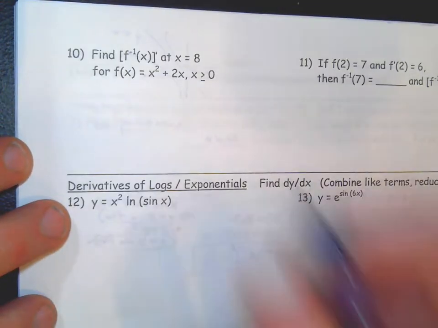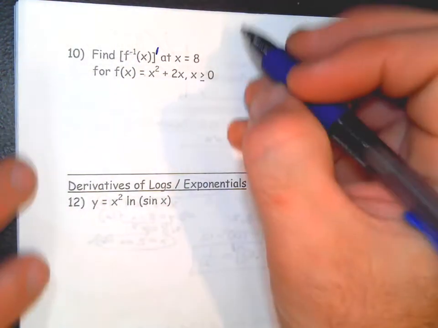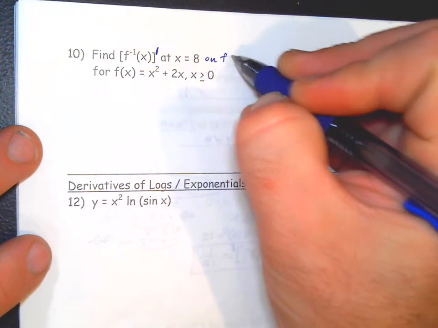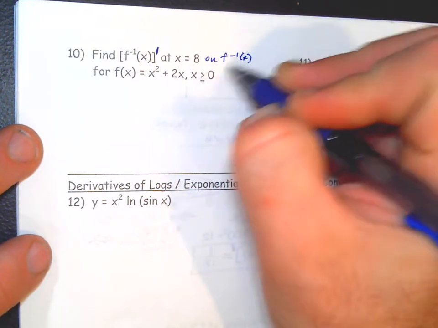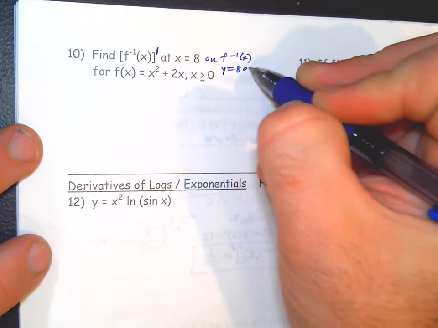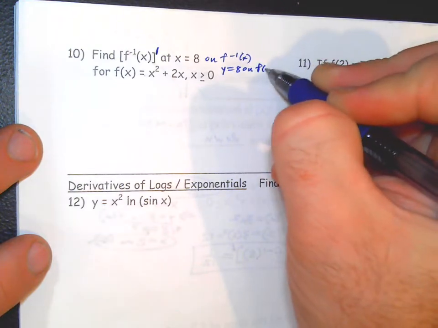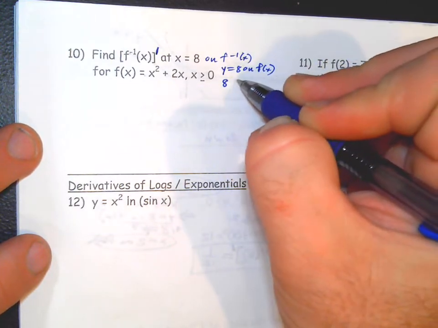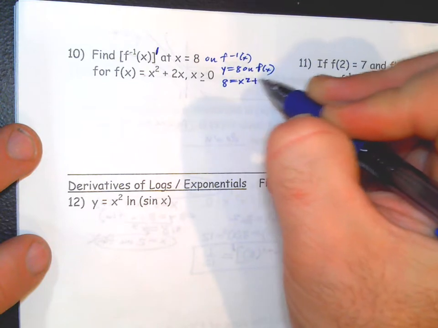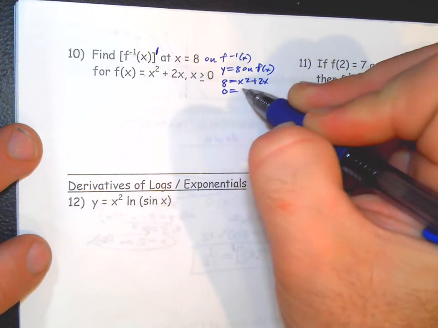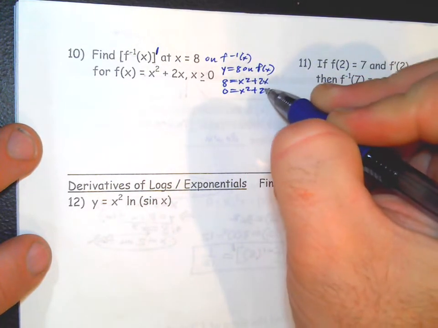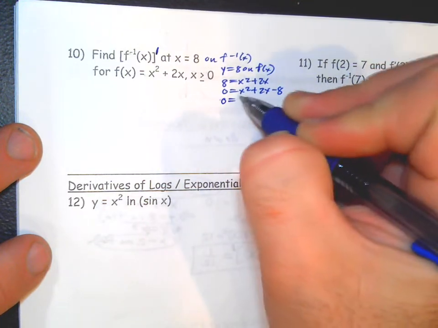So we're trying to find the derivative of the inverse at x equals 8. So x equals 8 is on the inverse, which means that y equals 8 is on the original graph. And we can plug that in. And then we can factor it.